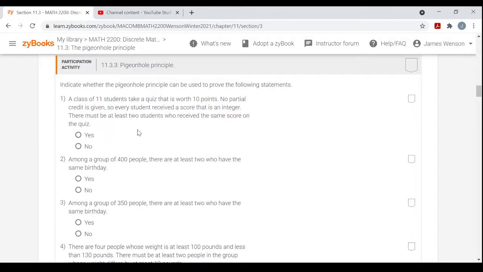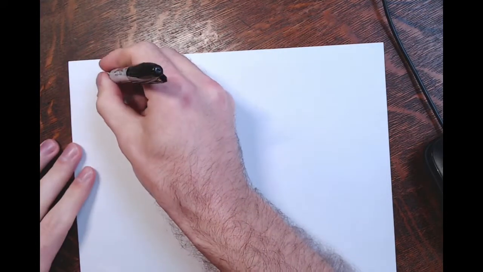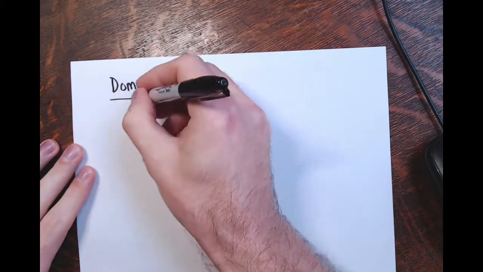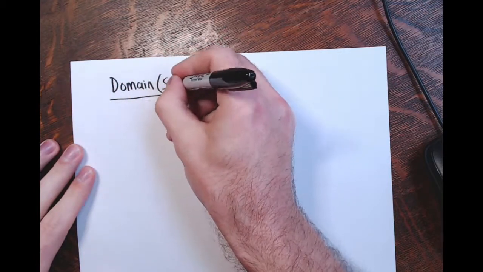Well, let's think. And I'll pull up a piece of paper here. My domain is these 11 students. I'm going to try to create a function here. So the domain is the students.